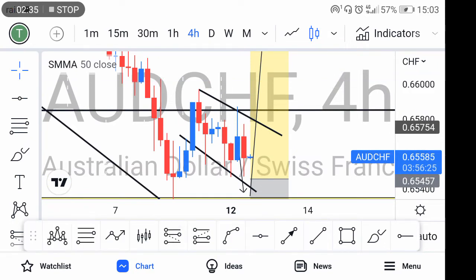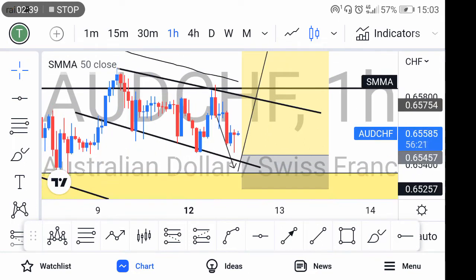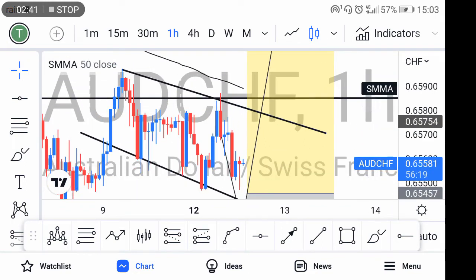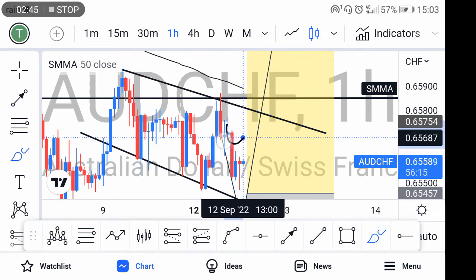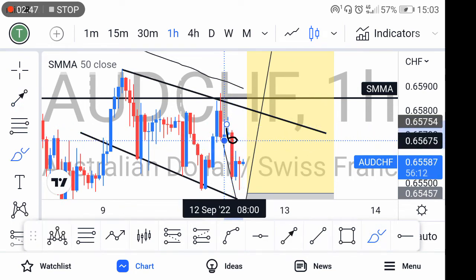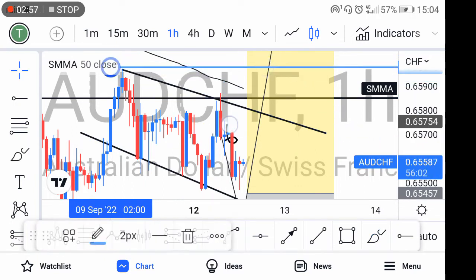So let's go on 1 hour. You can see when it was still around here, I was expecting it to go down, because I saw where the impulse was and where it was in a correction. So that's why I was expecting it to go down.